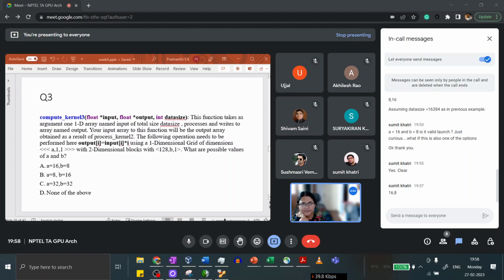Use the same kind of logic that we used to solve the previous question. What is the maximum number of threads? What would you set B to so that it falls within that maximum number? Anyone? Is this still confusing?